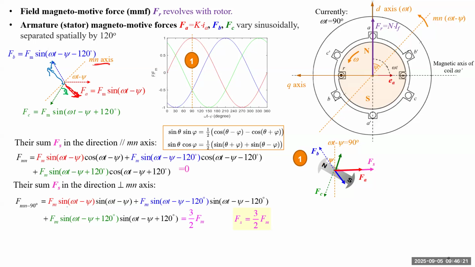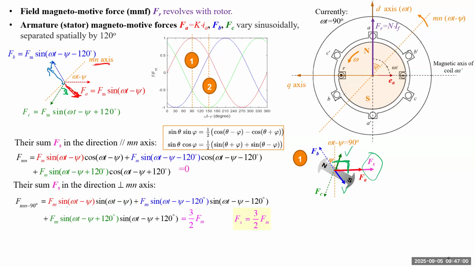But for the green one and blue one, they become negative, which means if this is the positive direction for blue, FA will point in the opposite direction. Similarly, FC will be pointing in the opposite direction. So the total gives you this FS pointing to the right. You see that's orthogonal to the MN axis, a 90 degree angle.